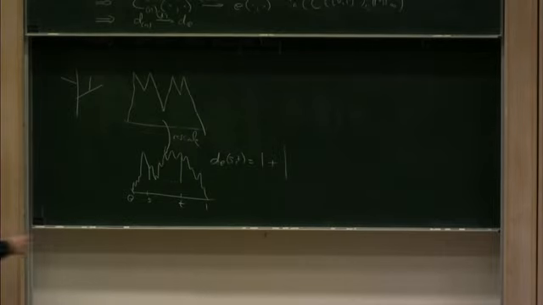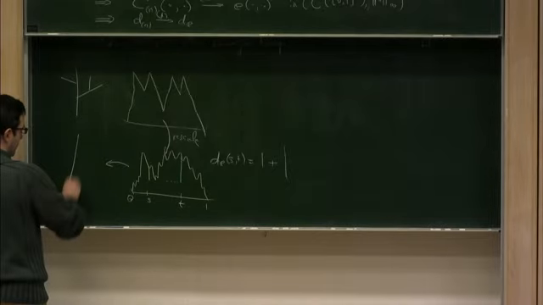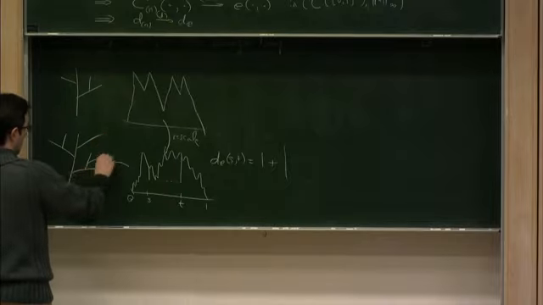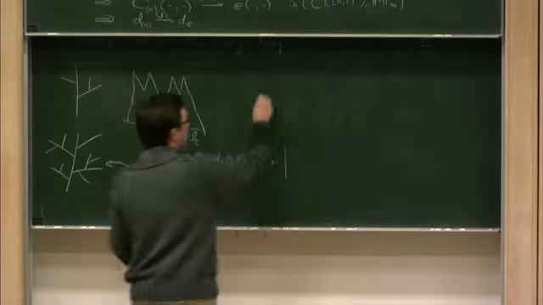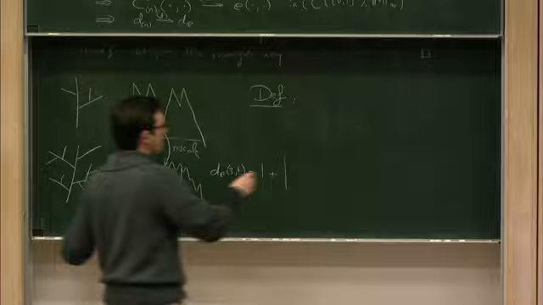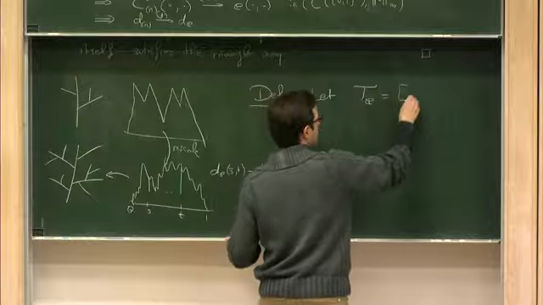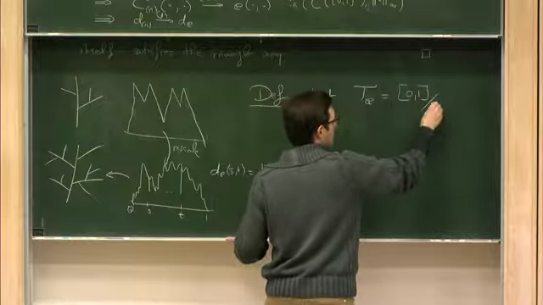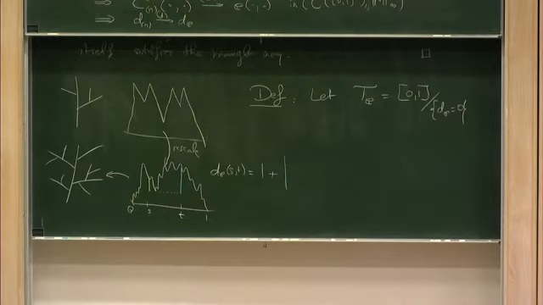Okay. And now what I want to say is that this distance actually codes a kind of limiting tree. In order to do that, let me define the tree coded by E in the following way. Let TE be the quotient set of 0, 1 by the equivalence relation given by points being equivalent if they are at dE distance 0.